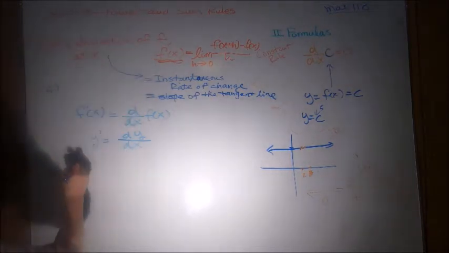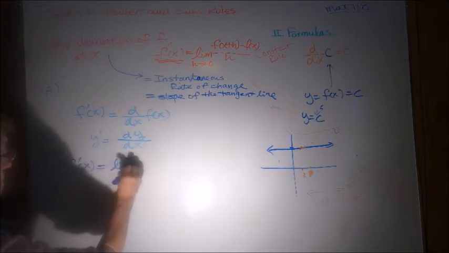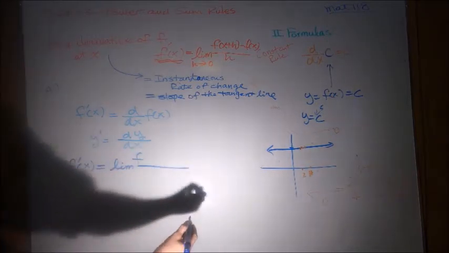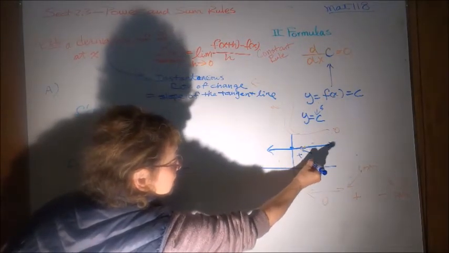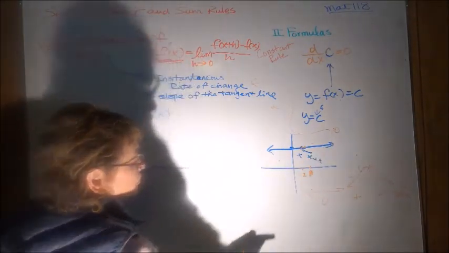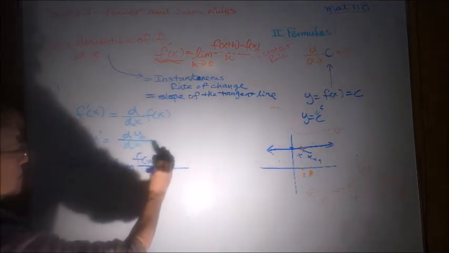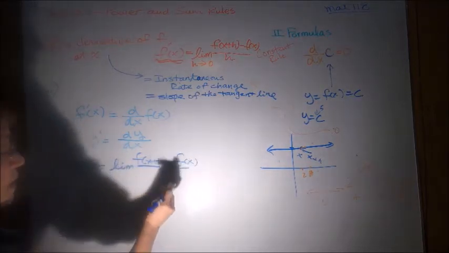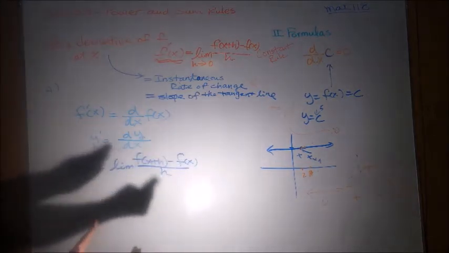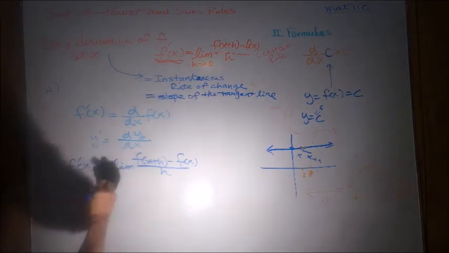If we use that, f prime of x means what? I'm going to use the limit. This is x, and the next point will be x plus h, right? What happens when h approaches 0?